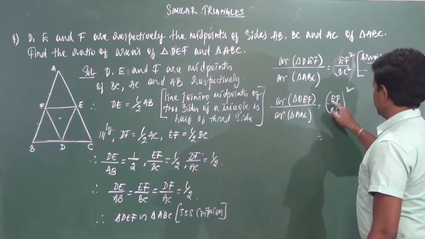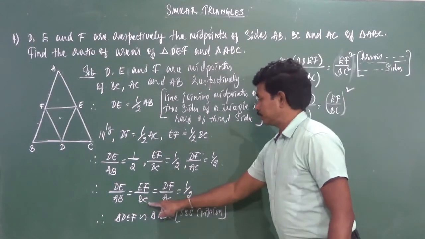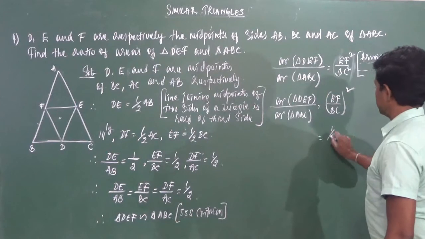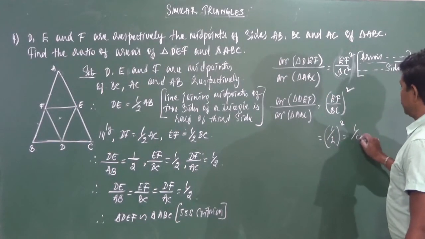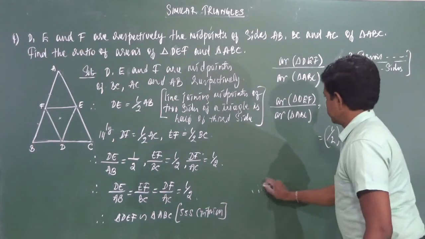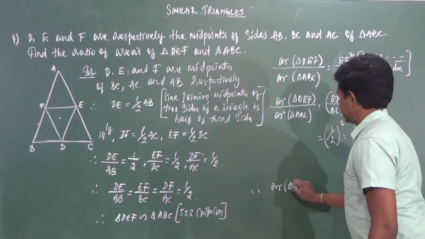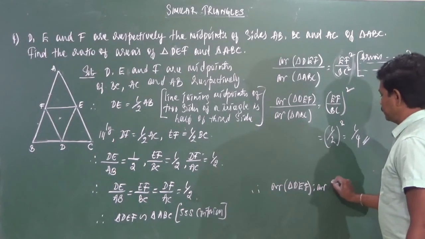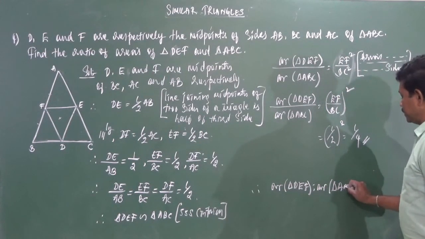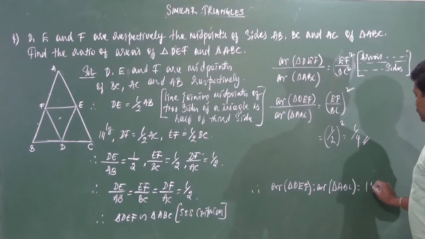EF by BC is equal to 1 by 2, so 1 by 2 whole square is equal to 1 by 4. Therefore, area of triangle DEF is to area of triangle ABC as 1:4.